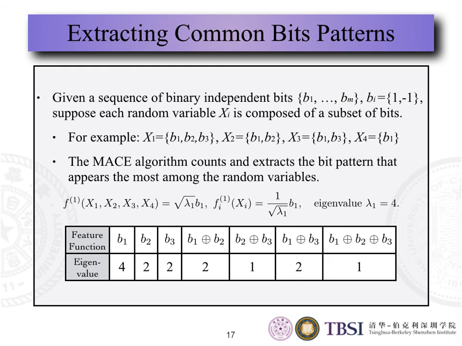Then, the MACE algorithm computes the bit patterns that appear the most times among these random variables. In this example, the pattern b1 appears 4 times among these random variables, and the largest eigenvector corresponds to this pattern, with the largest eigenvalue being 4, which is the number of times this pattern appears in these random variables. Moreover, all the eigenvectors of the matrix B represent different bit patterns, and the corresponding eigenvalues count the number of times that this bit pattern appears among these random variables.